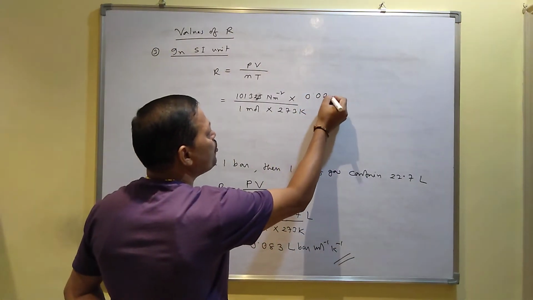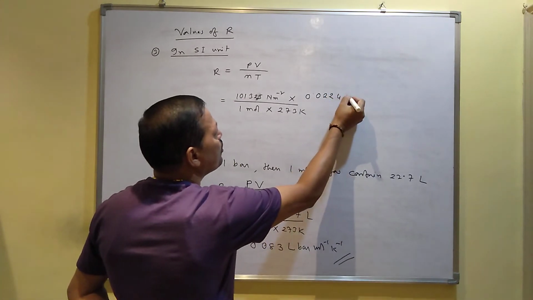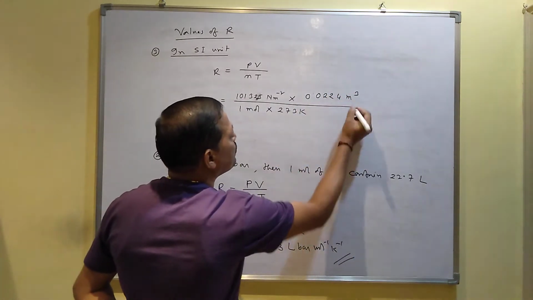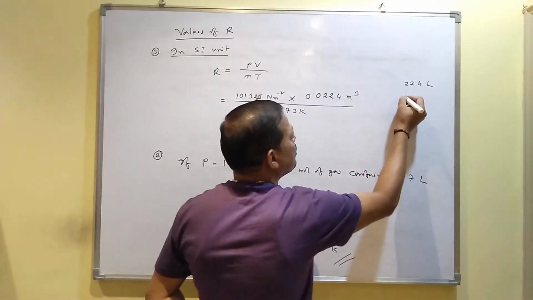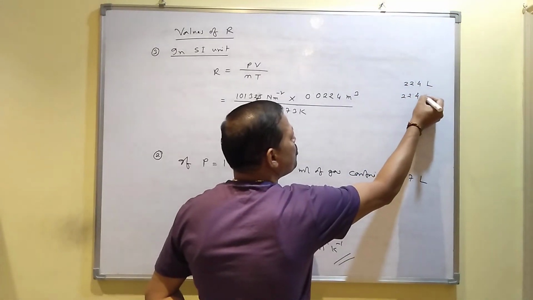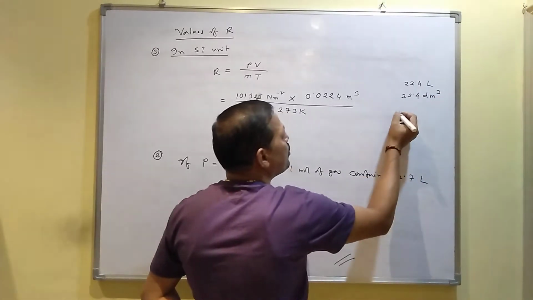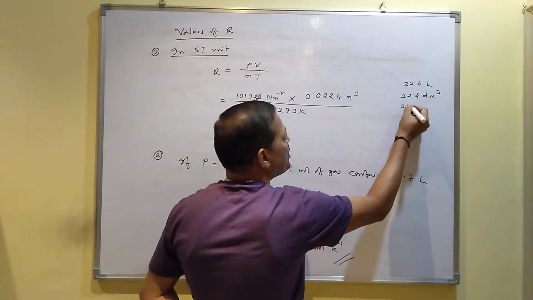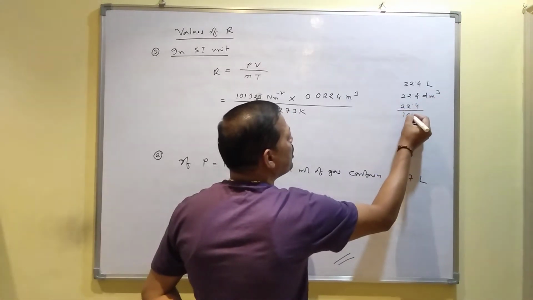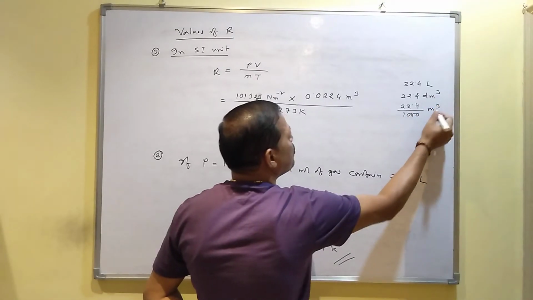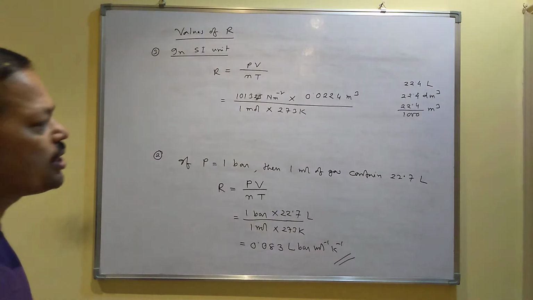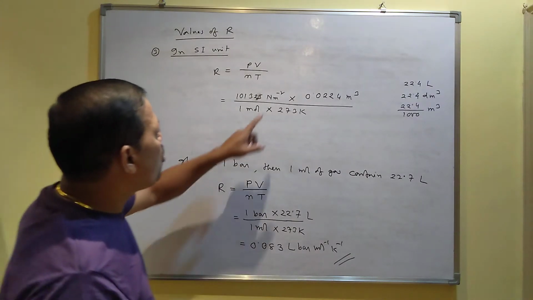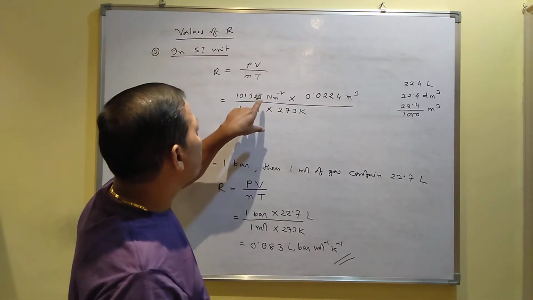Ultimately you will get 0.0224 meter cube. 1 mole contains how much? 22.4 liter, which means 22.4 decimeter cube. If you want to convert to meter cube, you divide by 1000, and that's why it becomes 0.0224 meter cube.